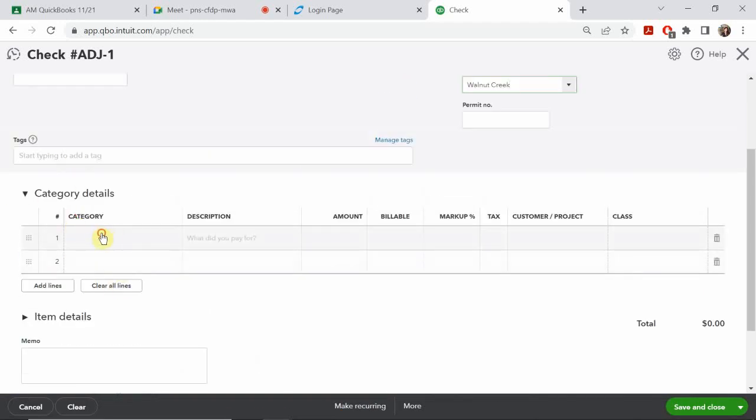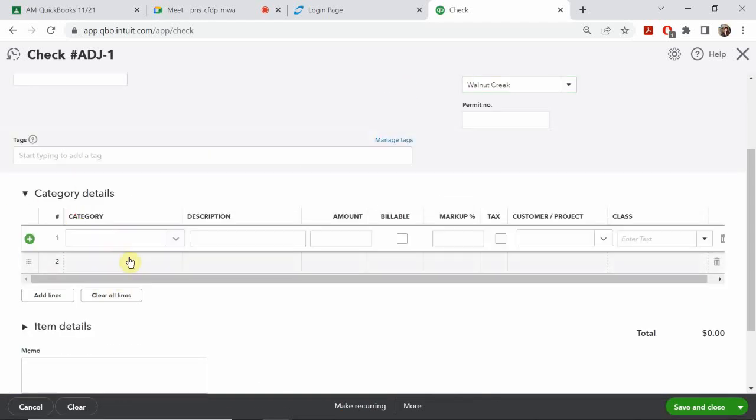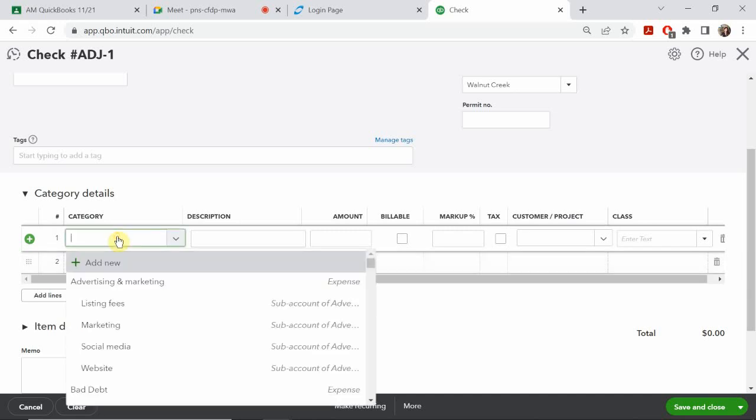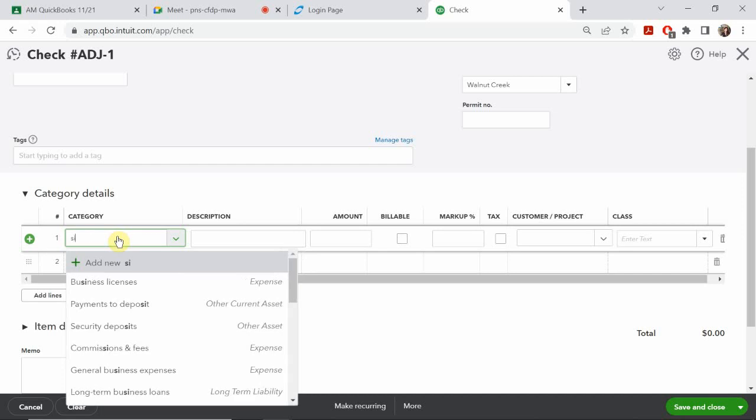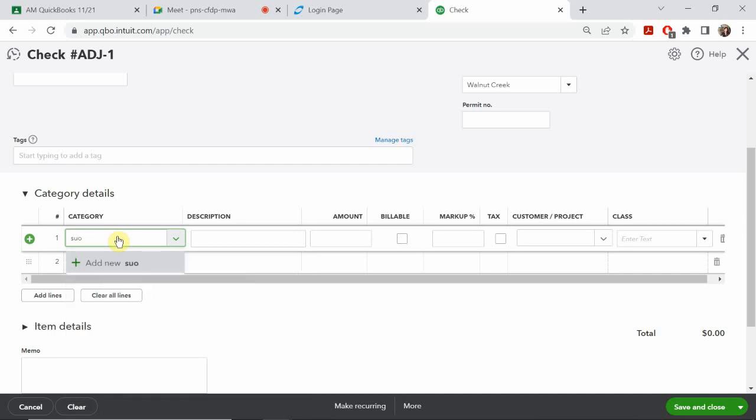So in this case, category here we said was cost of goods sold, supplies, and materials. So I'm going to put supplies. So remember, this is our cost of goods sold supplies. That means we're undoing that we sold the item here.